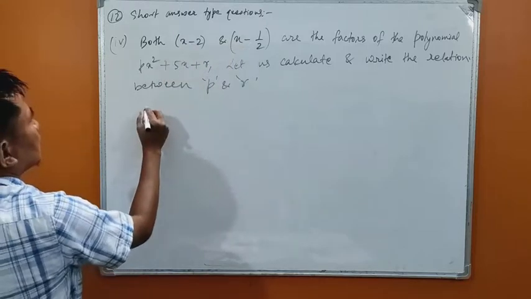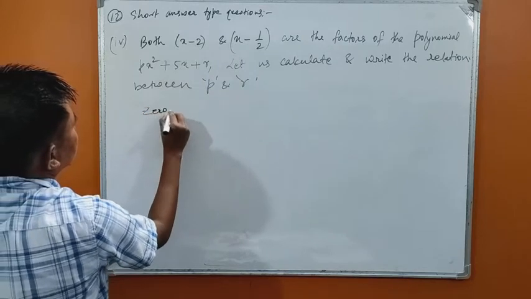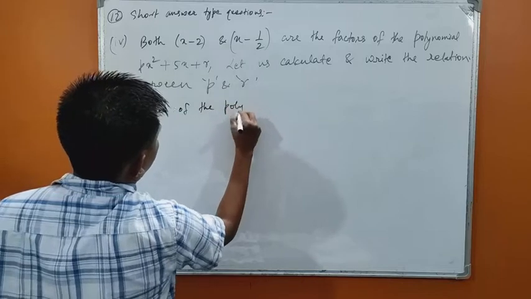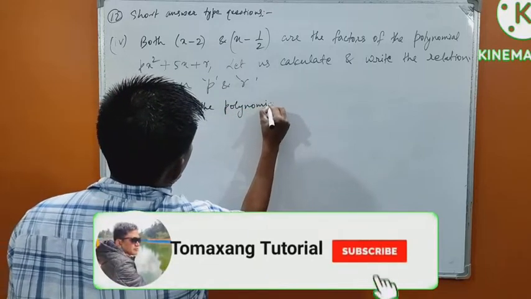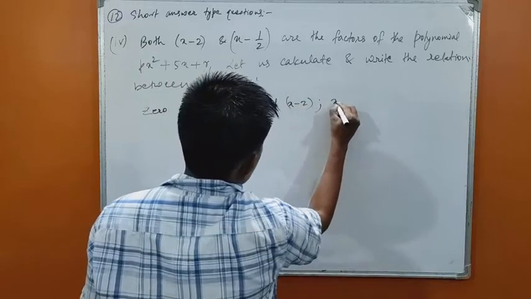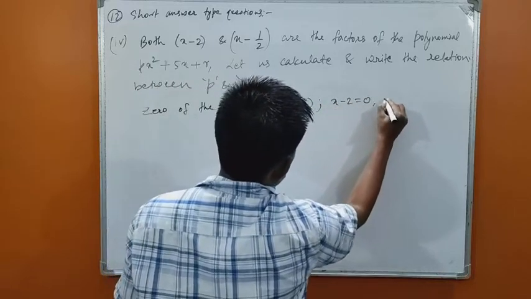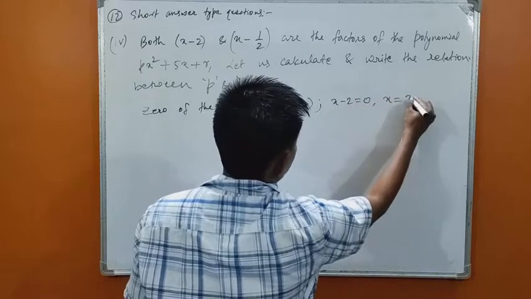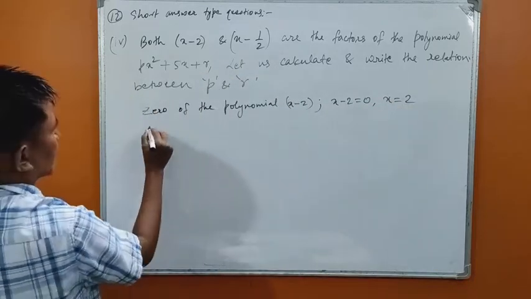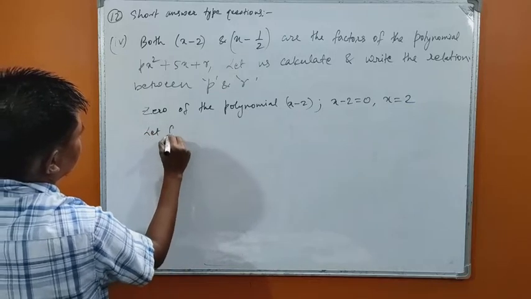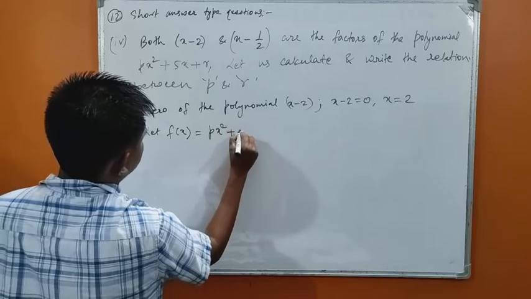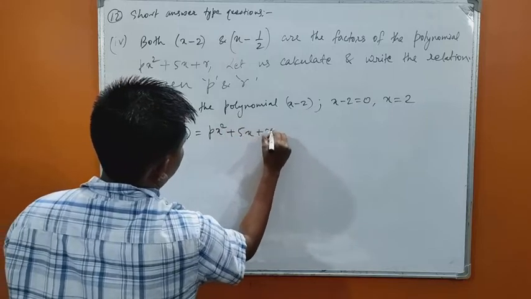The zero of the polynomial x minus 2: x minus 2 equals to 0, or x equals to plus 2 when we take minus 2 to the right hand side, isn't it? Now let f(x) equal to px square plus 5x plus r.